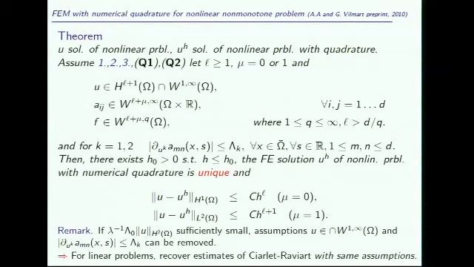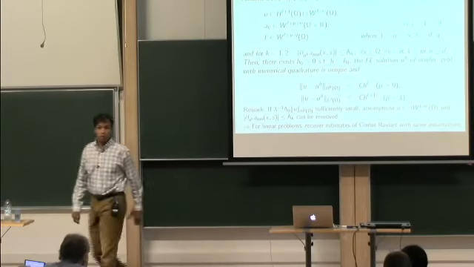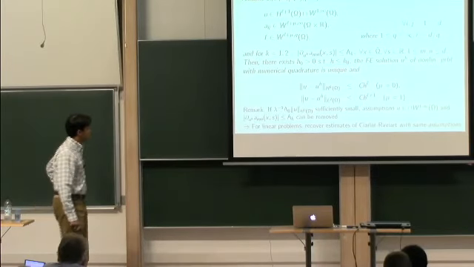As an immediate consequence, for linear problems, this here is 0, so we recover the estimates of Ciarlet-Raviart with the same assumptions. So our result is a strict generalization of Ciarlet-Raviart to nonlinear problems.